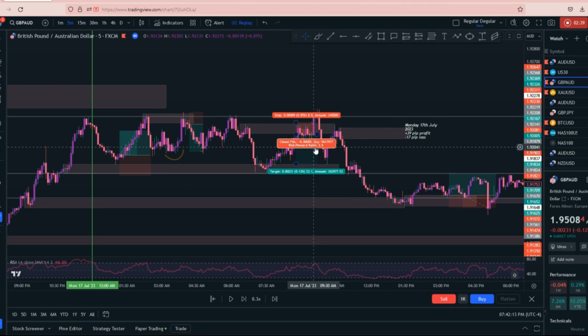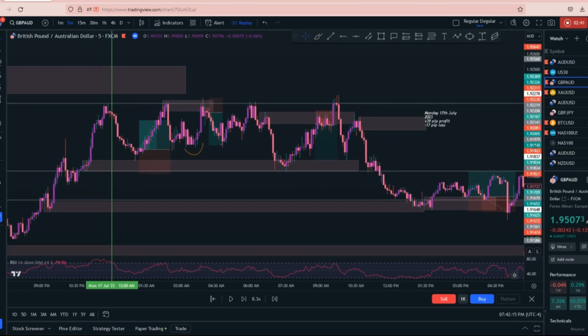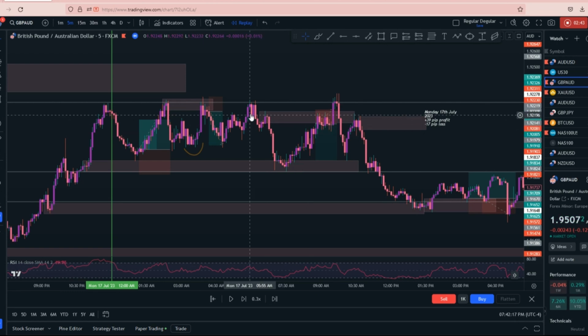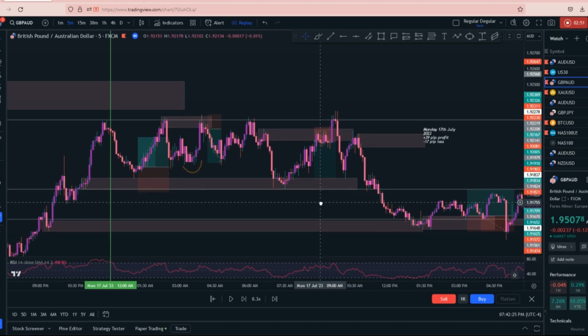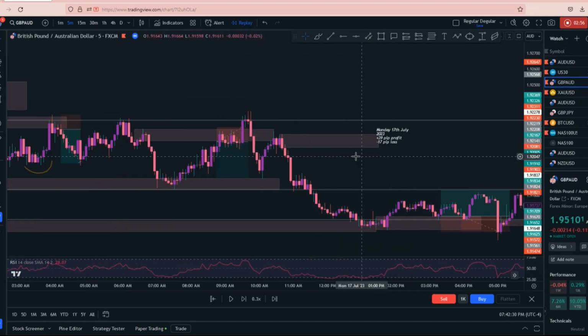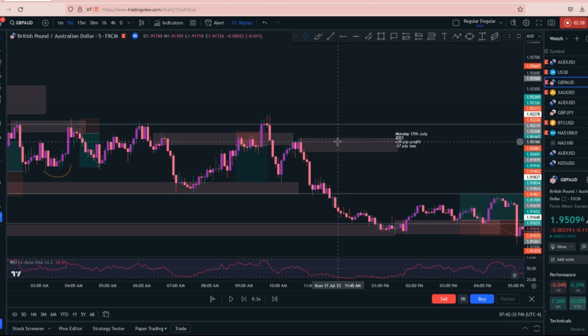The third trade was a loss. I made it based off of this move to the downside right here, which was actually back into this demand zone that we previously drew from Sunday. But I don't think I waited.